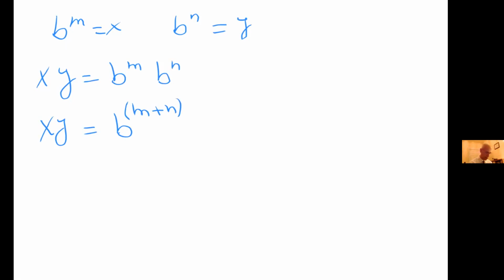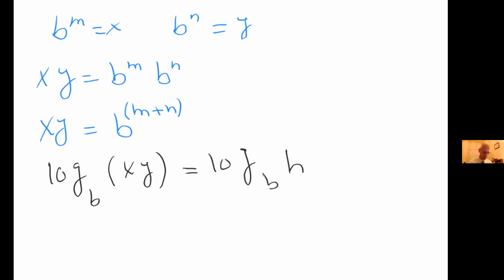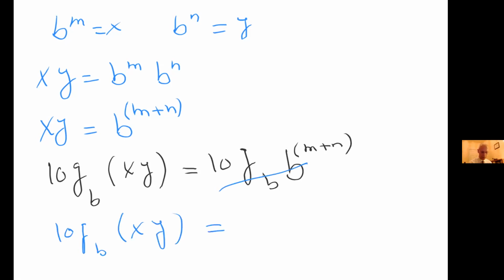So I have log base b of xy equals log base b of b to the power of m plus n. And remember that we showed in the first video that I can cancel this. So now I have log base b of x times y equals m plus n.